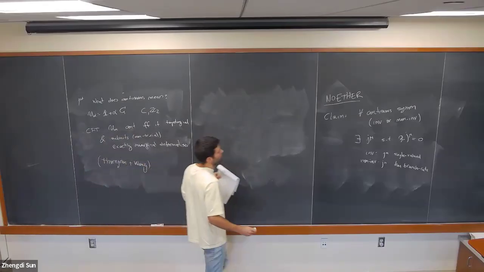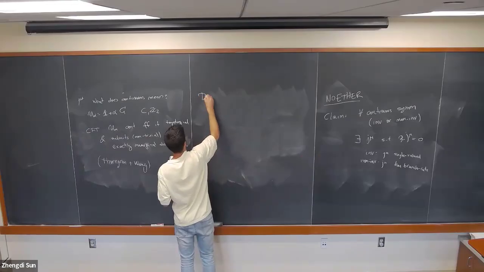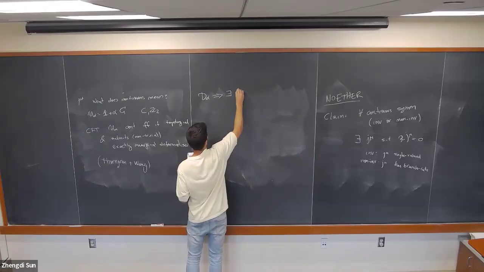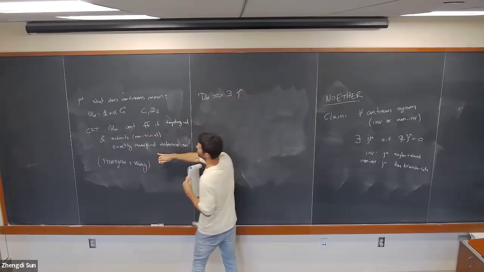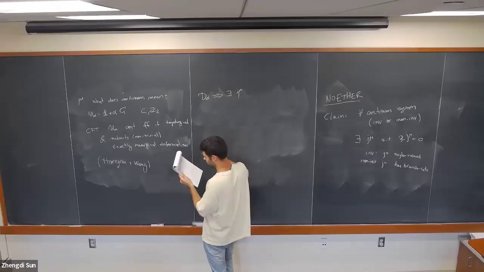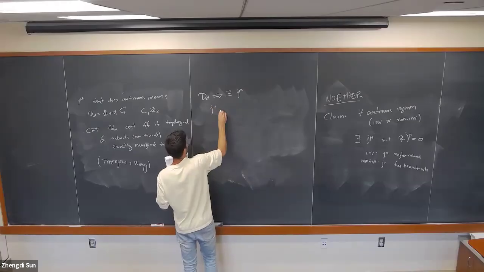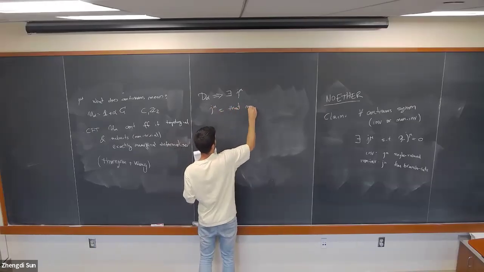Let me begin with one direction of the theorem: if I have a defect that is continuous, this implies the existence of a conserved current. The fact that it's continuous means that it has an exactly marginal deformation, and I take mu to be, by definition, that marginal deformation.